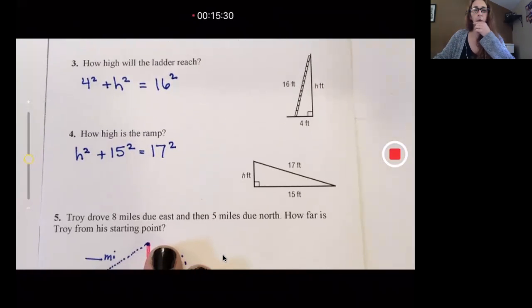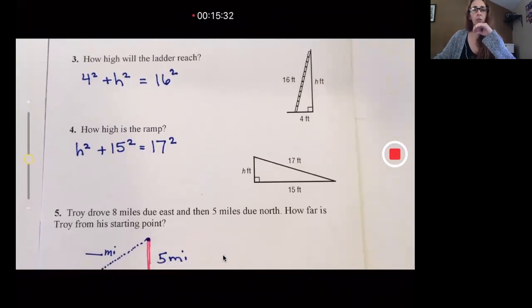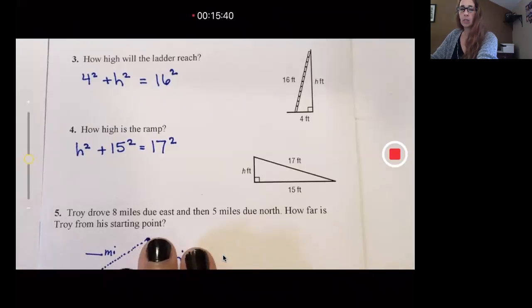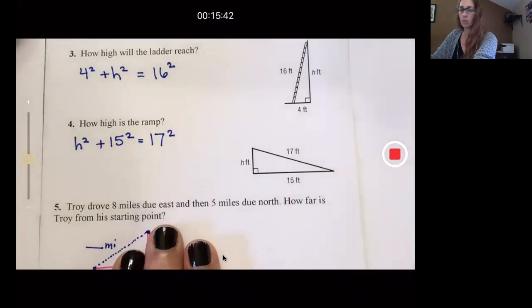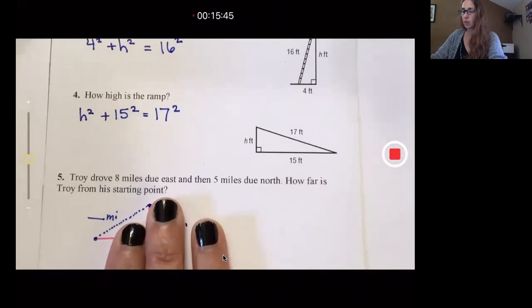And that last one with Troy that's driving 8 miles due east, then 5 miles due north. How far is he from his starting point? So we're looking at the distance Troy is from where he begins to where he ends.